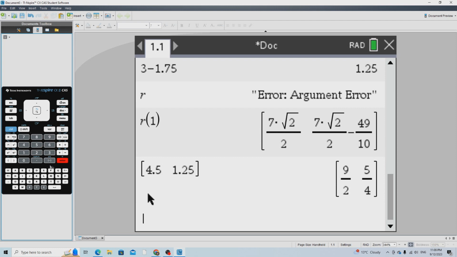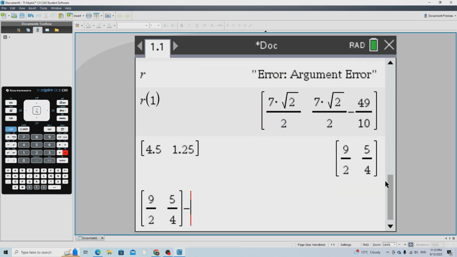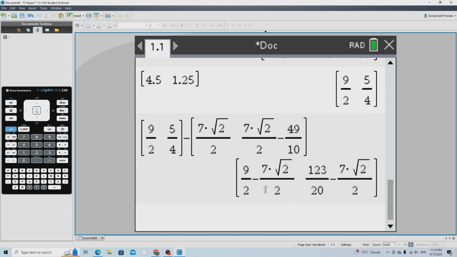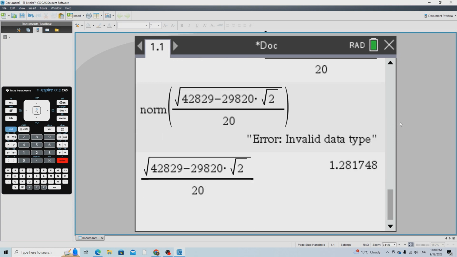So it's going to be this minus r of 1 over here. And we get this, and then we just need to find the norm, which is the distance. And we get 1.28, that's the distance.